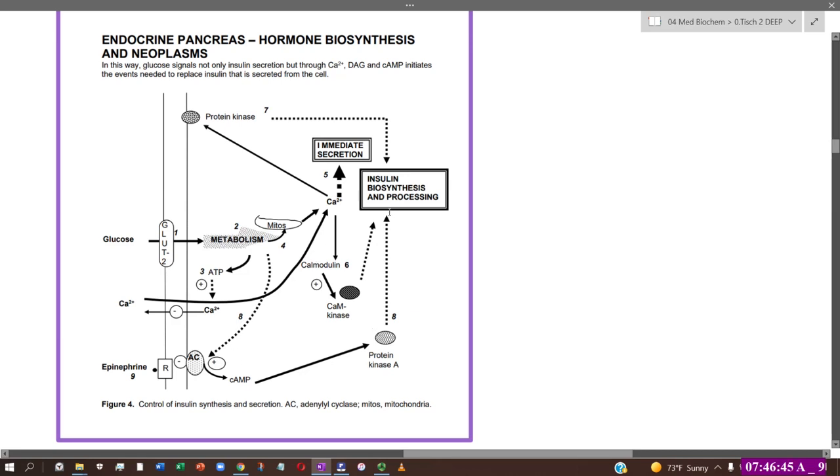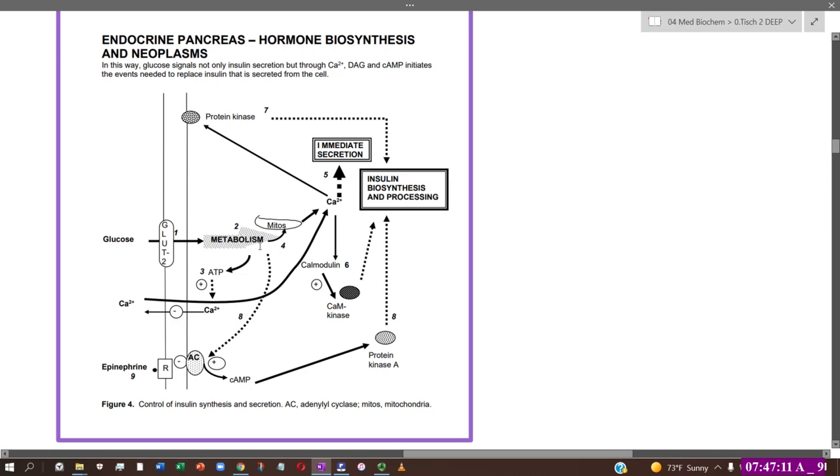It looks like the pathway through mitochondria is not direct. First, there is this swing around towards protein kinase, and then down towards insulin biosynthesis, and processing happens downstream after protein kinase has been activated.